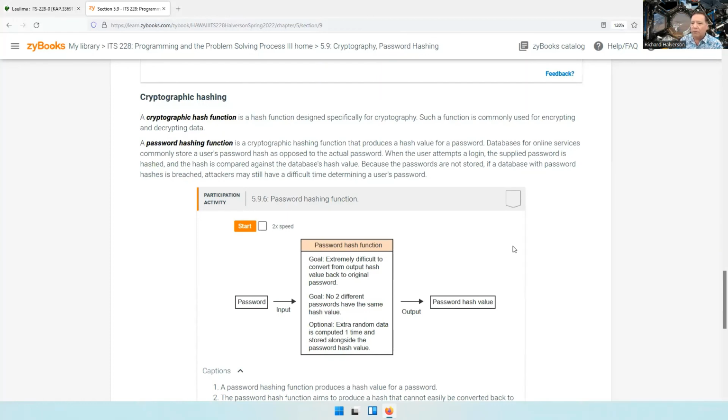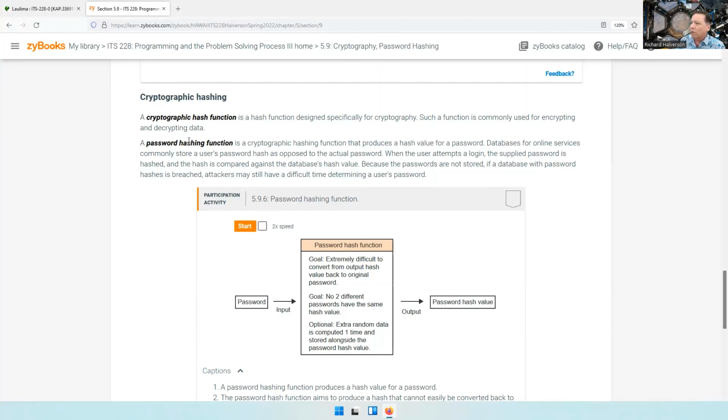When you log in, and the system checks to make sure your password is correct, it doesn't have a copy of your password. It has a copy of a hashed version of your password.